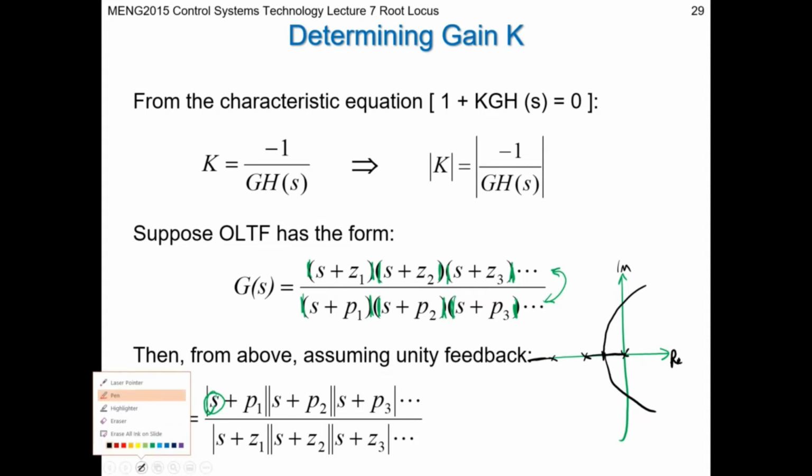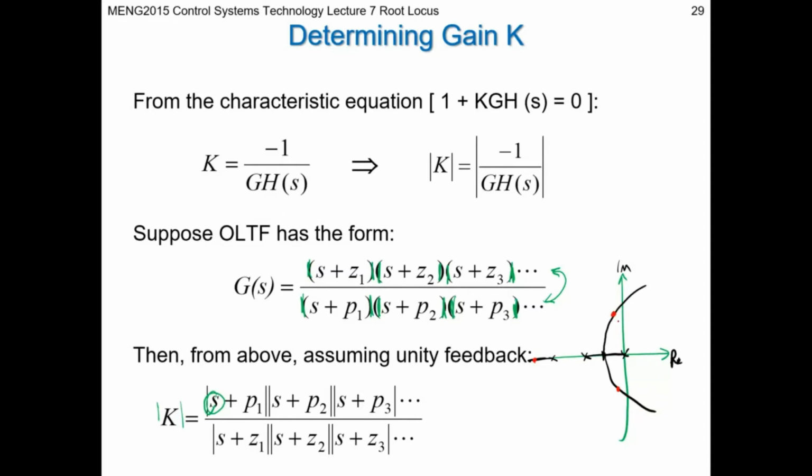Let me take some closed loop root on this locus. Say our closed loop roots are at this point on the locus. There'll be a closed loop root on each locus. So there are 3 closed loop roots, but these 2 that are close to the imaginary axis dominate the response. So I'm really interested in the magnitude of these primarily.